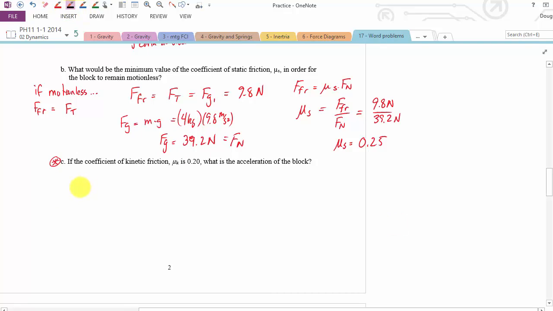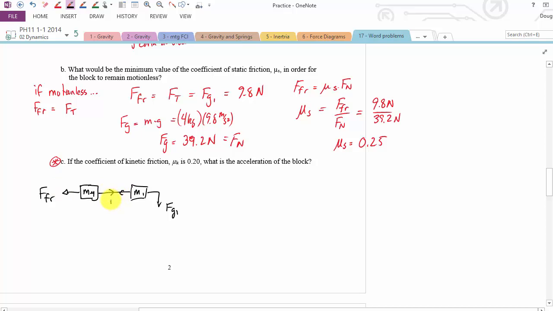And the easier way for that is to treat these two blocks as one system. So there's M1, there's that was M4, this is M1, and it's being pulled with a force Fg1. And on M4 there's a force of friction.